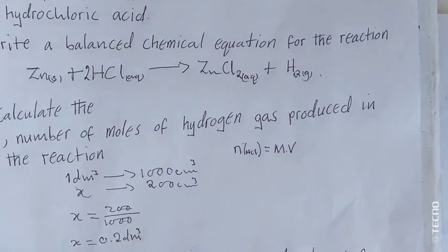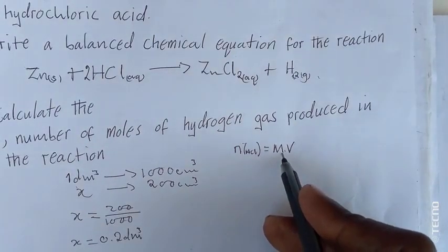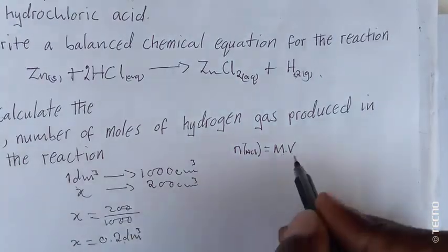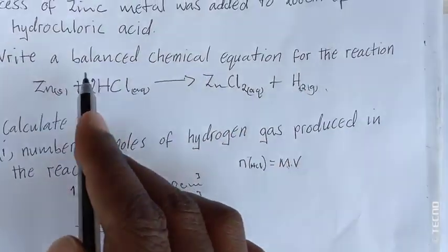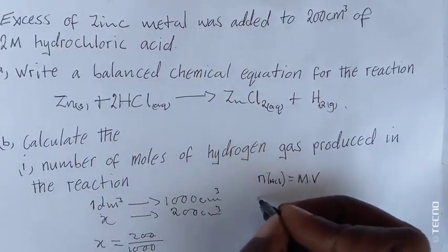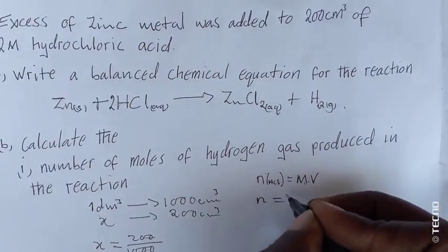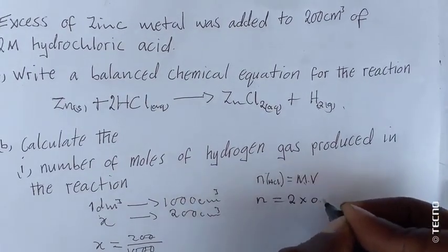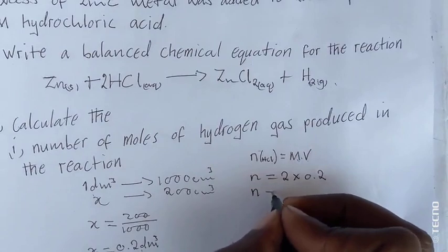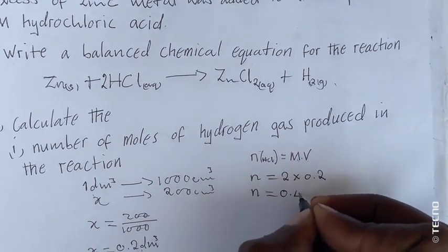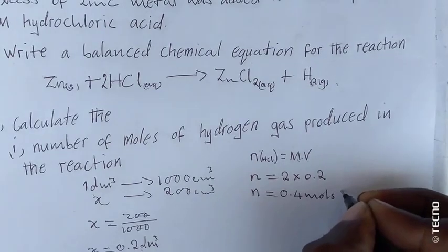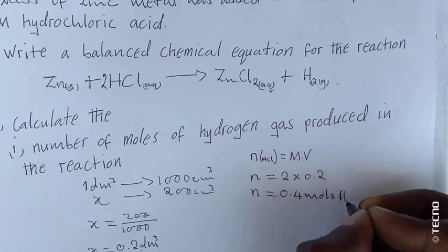The volume here is 0.2 dm³, and the molarity is 2M, we were given 2M. So just replace: n is equal to 2 times 0.2. When you multiply this, you get n is equal to 0.4 moles. So this 0.4 moles is for hydrochloric acid.